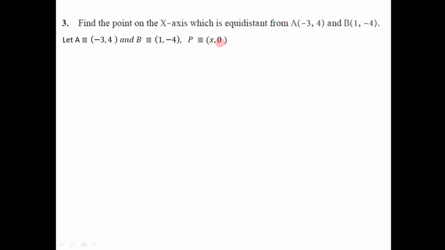That's why we have taken here the y coordinate of point P as 0, and we have assumed the letter x for the x coordinate of point P. So this is the point P (x, 0) which is given on the x-axis. We have to find the coordinates of point P, out of which the y coordinate is already given, that's 0. Only we have to find the x coordinate of point P.